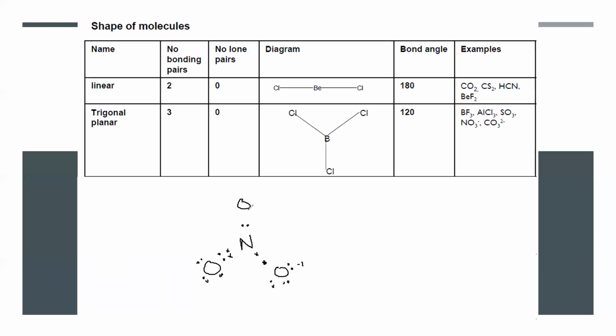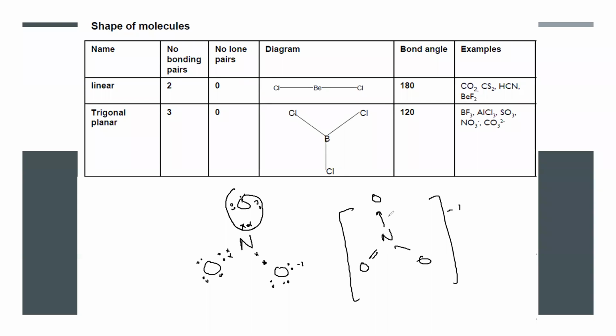And this oxygen has 6 electrons in the outermost shell, but it needs 2 more to be stable. The lone pair on the nitrogen is available, so it will form a bond with this lone pair. So that will be the structure of the nitrate ion, in which one is a dative bond, then a double bond with oxygen and a single bond with oxygen, and the whole molecule is getting a negative charge due to one of the oxygens having an extra electron.